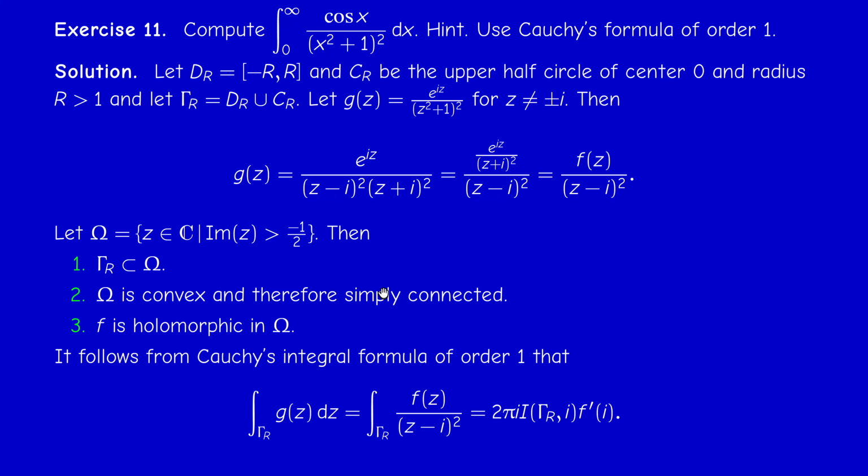So I can apply Cauchy's integral formula here, and I get 2 pi i times the index times f prime of i instead of f of i. There is dz missing here. And now it's very easy. As before, the index is 1 because gamma is simple and positively oriented and has i inside.